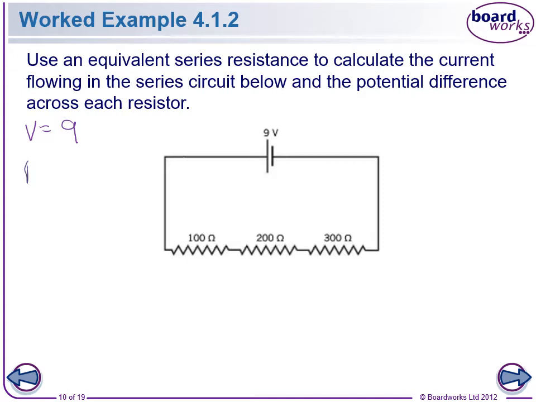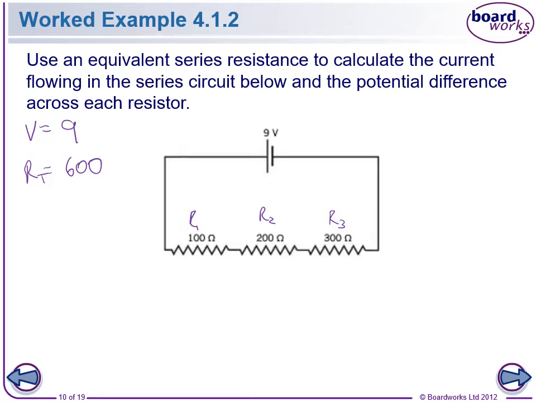Our resistance in the total circuit is equal to all of our resistors added together. We'll call these R1, R2, and R3. If we add all those resistors together, we get the total resistance in the circuit, which is 600 ohms. So we have V, we have R.